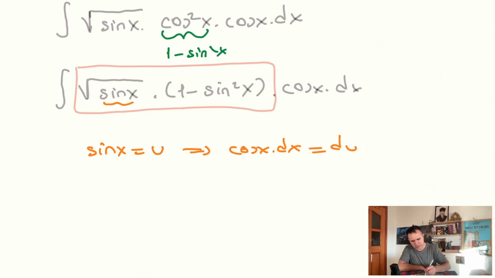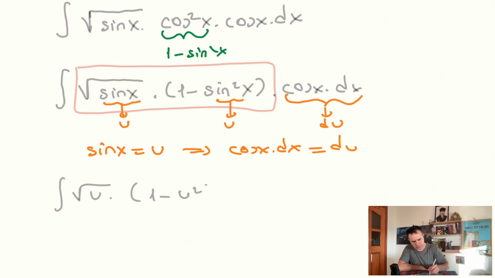Now we rewrite sine x as u here, and we rewrite cosine x dx as du.